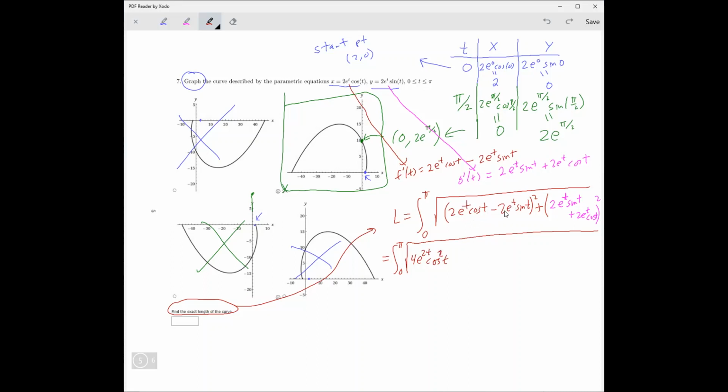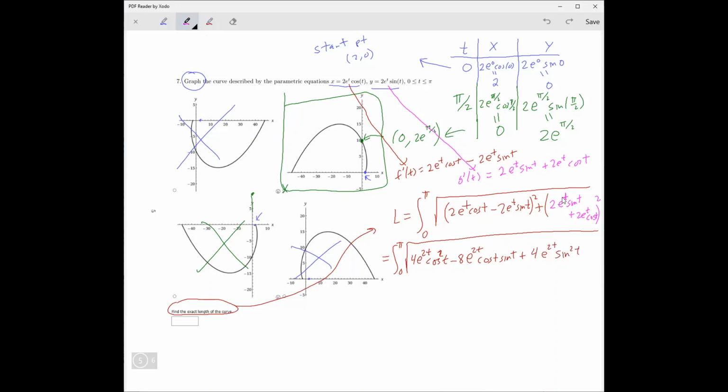Plus the product of this times 2, so that would be 2 times 2, that's 4, times 2 is 8, so that's minus 8 e to the, so it's the e to the t times e to the t is e to the 2t, and then we have cosine t sine t, and then we have this squared, which is going to be 4 e to the 2t sine squared t.